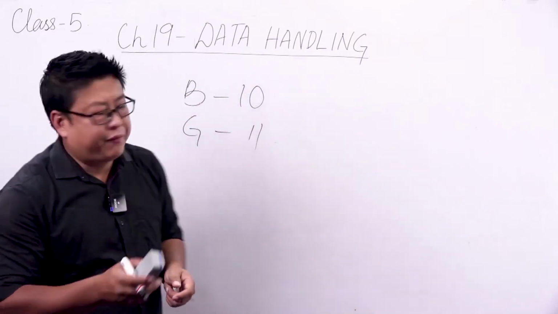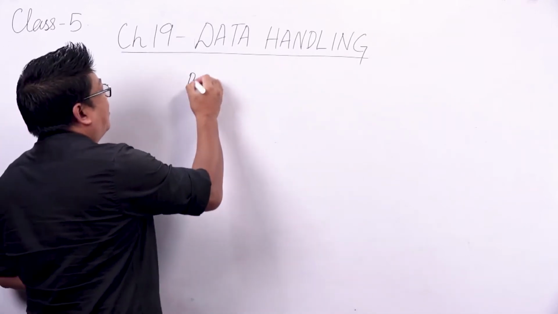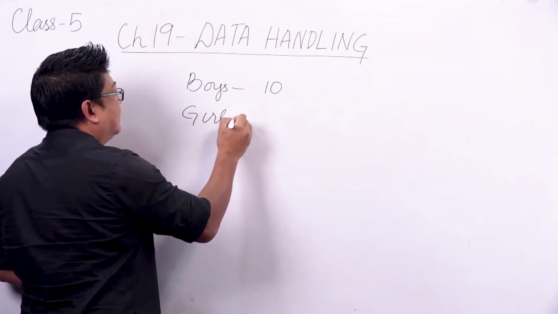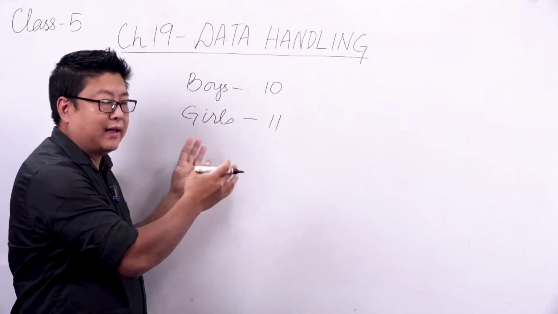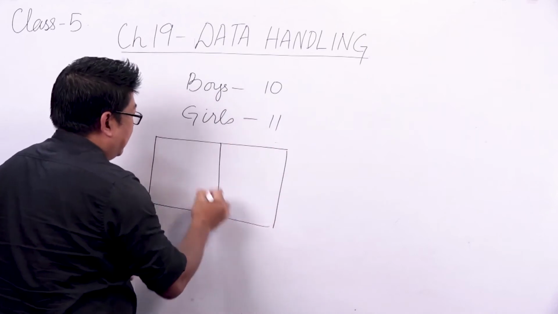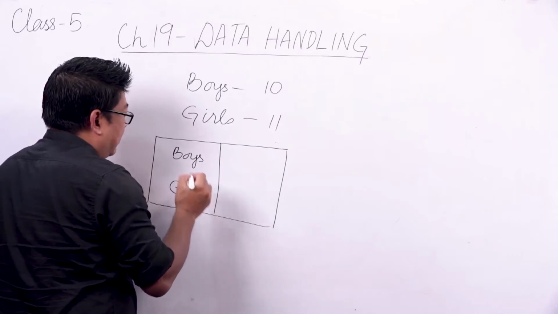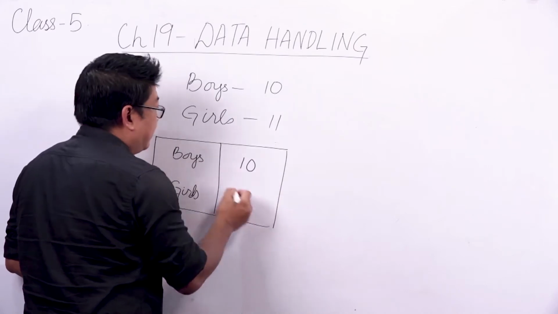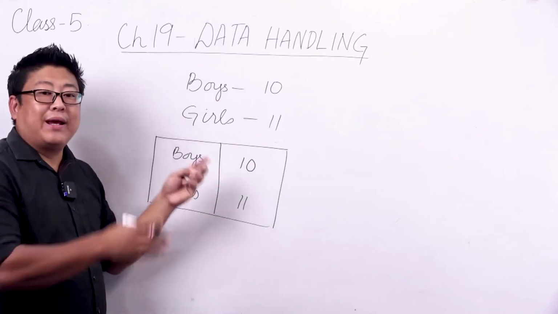Before we move on to the next topic, let's understand what exactly we mean. We have boys 10, girls 11. This is called collection of data. When we draw a table and I write boys and girls on one side, and 10 and 11 on the other side, this data is now inside the table.